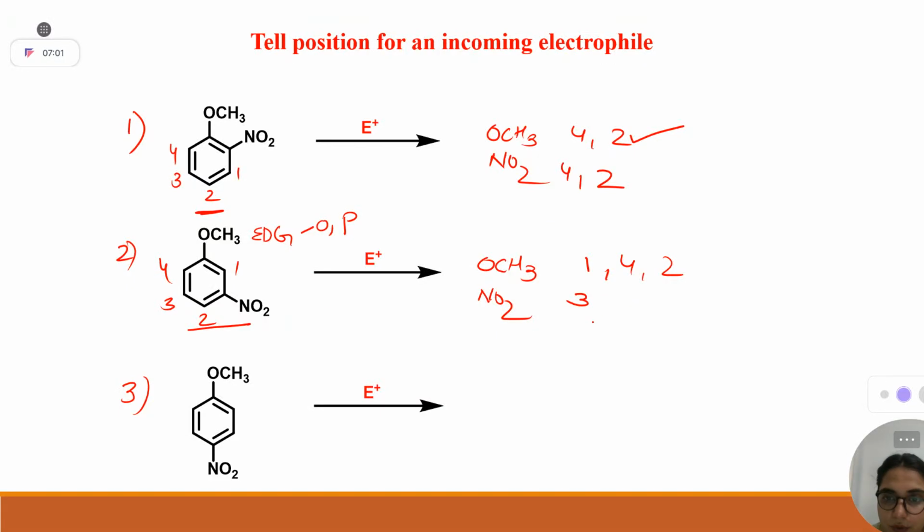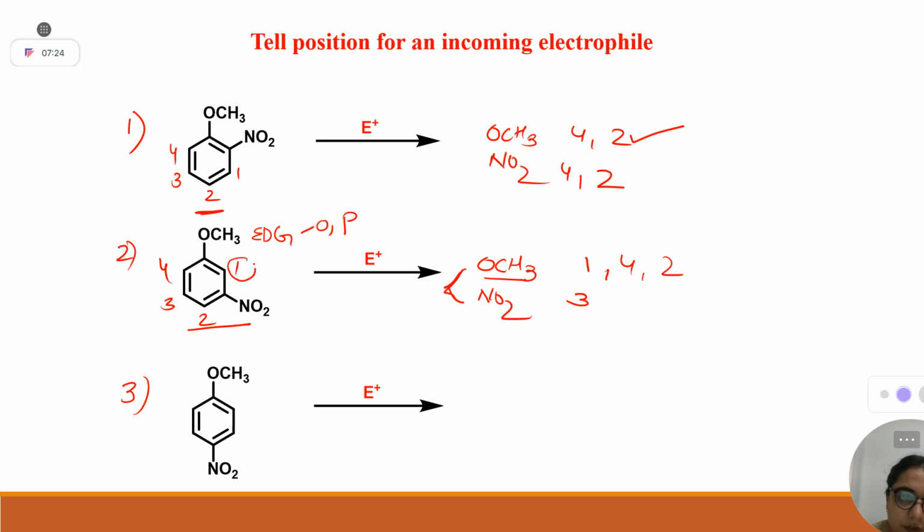So there is no match between these two substituents. If we have two groups, electron donating as well as electron withdrawing, whom do we listen to for electrophilic aromatic substitution? Electron donating. Very good. Why? Because the electrophile has to come, it will listen to the electron donating one, OCH3.